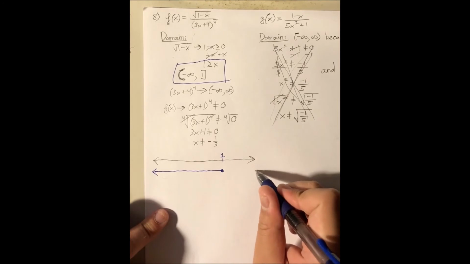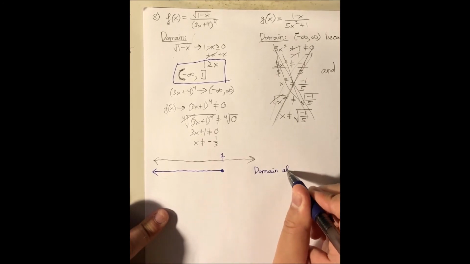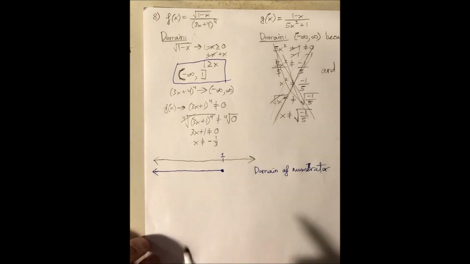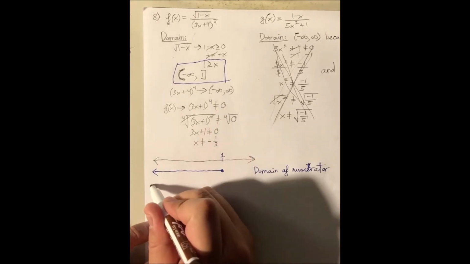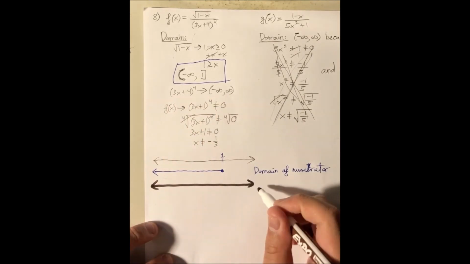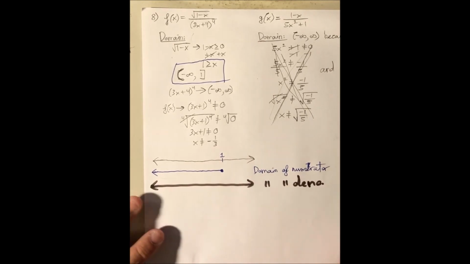This is the domain of the numerator. For the domain of the denominator, it's going to be all real numbers right here. Domain of deno, which stands for denominator.